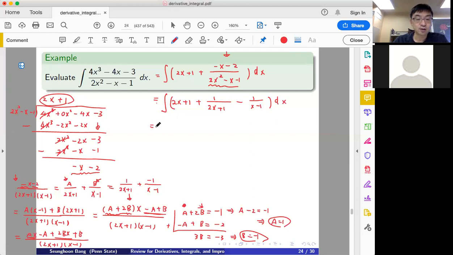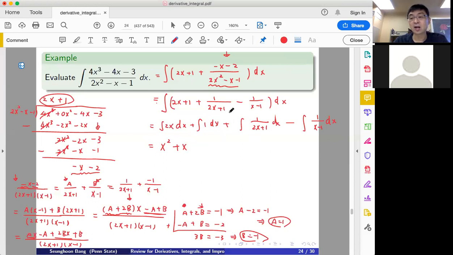So you can distribute the integral: the integral of 2x dx plus the integral of 1 dx plus the integral of 1 over 2x plus 1 dx minus the integral of 1 over x minus 1 dx. So first one, very simple. The integral of 2x is x squared. The integral of 1 is just x.